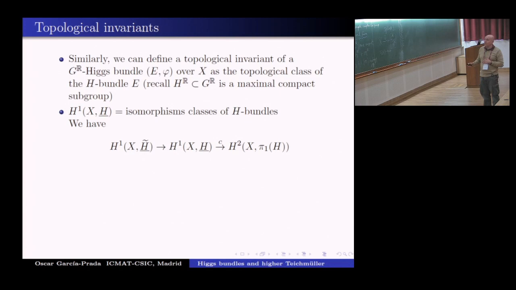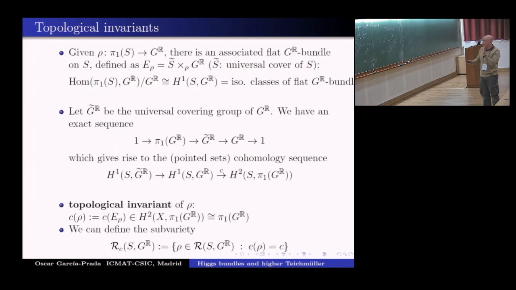This is a cohomology set. Now this underline H. Previously, I didn't put any underline because in the previous situation, this was thought of as a sheaf of locally constant things because we are talking about flat bundles, right? Not any GR bundle, but flat. So this was locally constant.